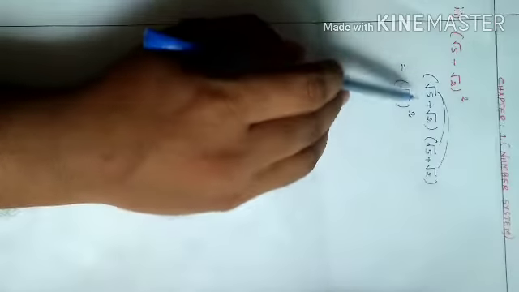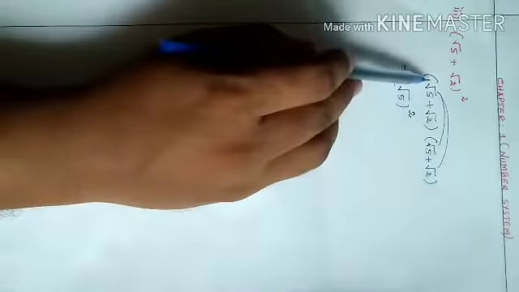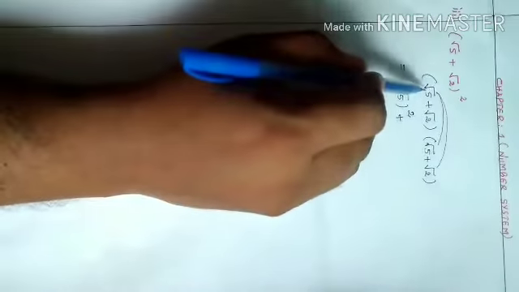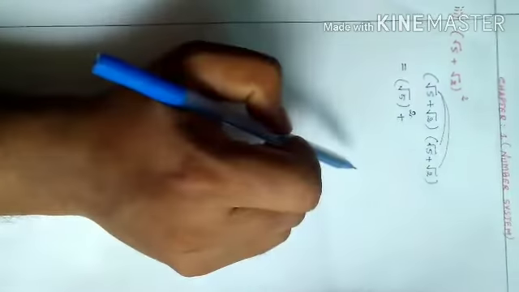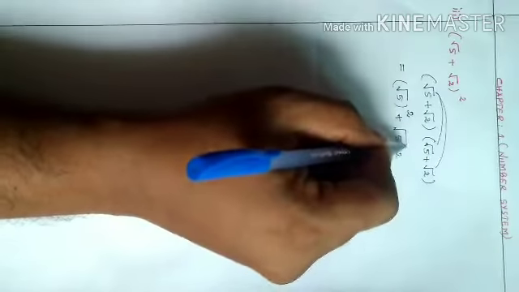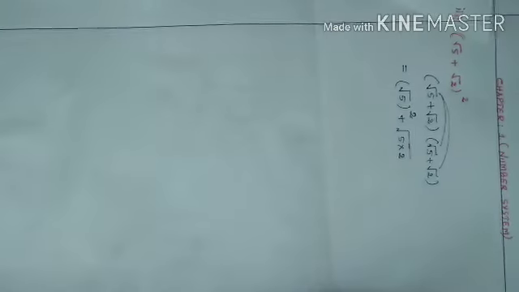Then root 5 and root 2. Before that we should know about the symbol. Here plus, here also plus, so plus into plus, plus root 5 into root 2. Both are different numbers, so we should write both numbers inside the root: root 5 into 2. The next one, the second term to the first term and the second term to the second term.